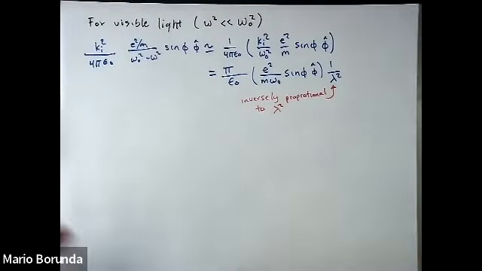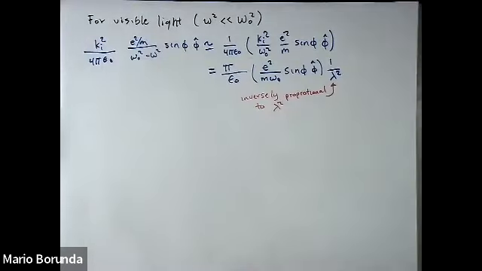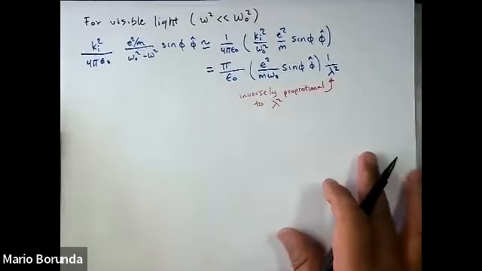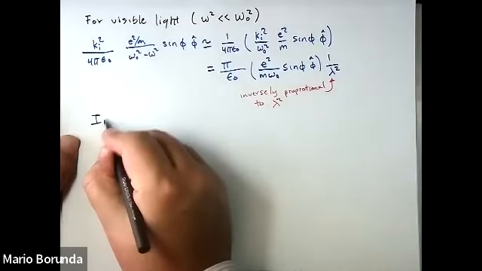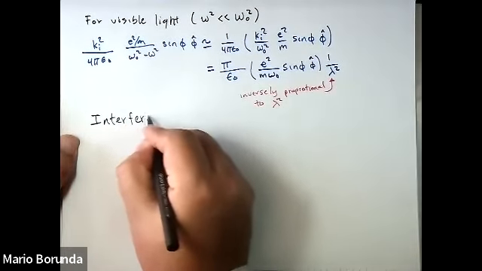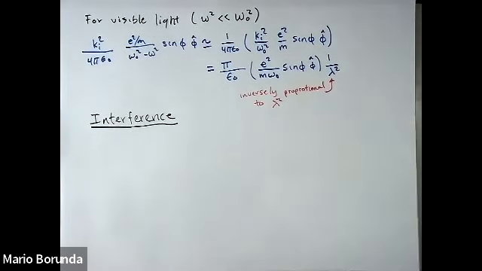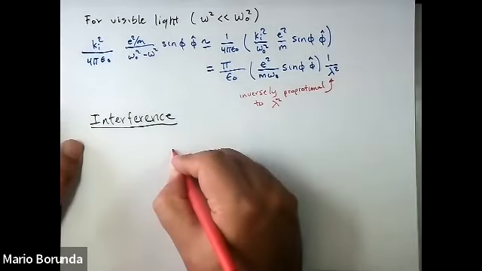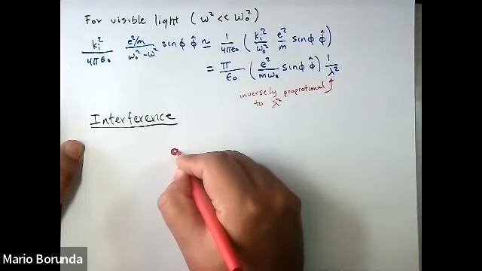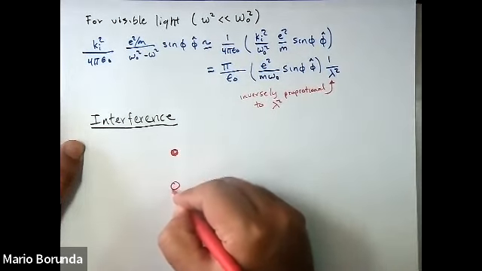Well, we just figured out how it works for one system right here, right? So what happens if you have more than one system? In that case, you get interference. Let's say we had 2 electrons. My 2 electrons are going to be separated by a distance, let's call it d.